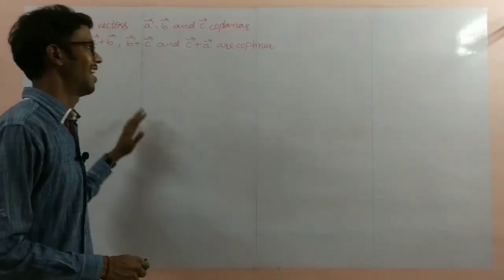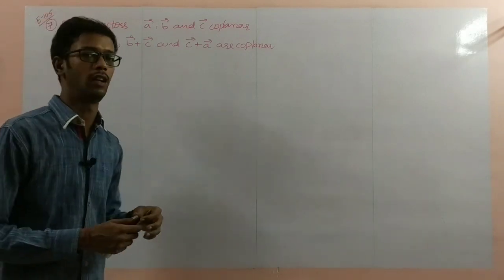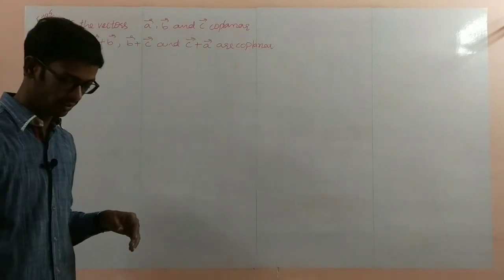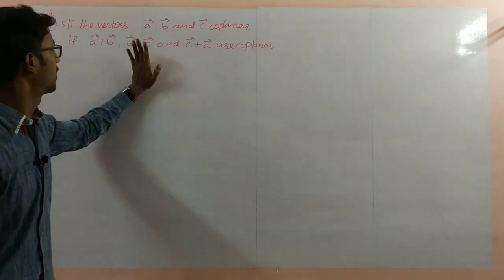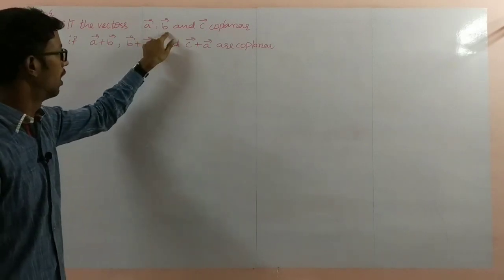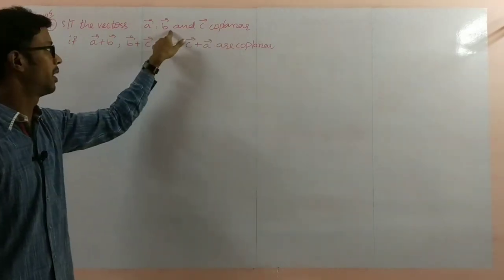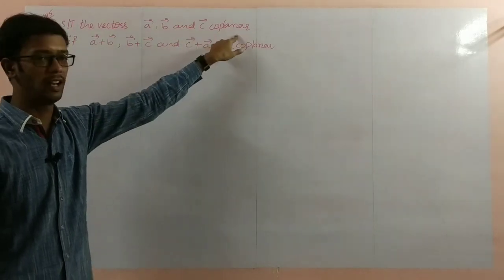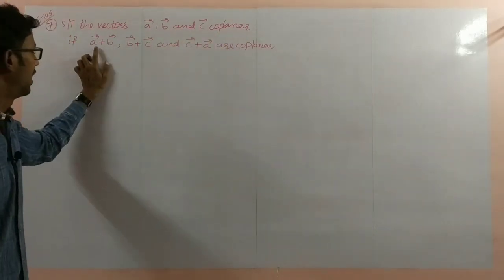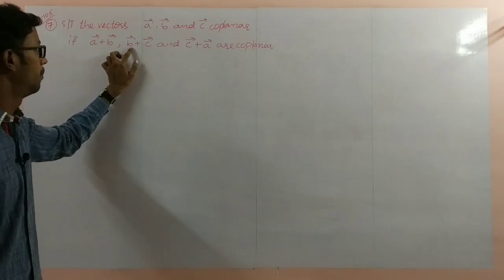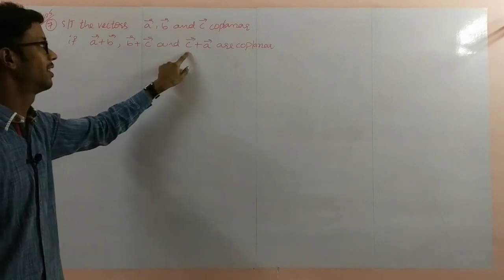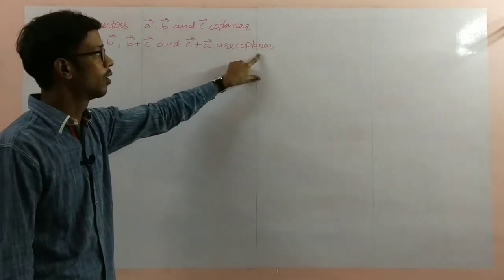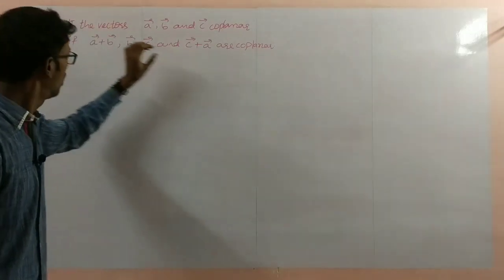Now, the last problem in the exercise and the chapter, problem number 7. Show that the vectors are coplanar. A bar, B bar and C bar are coplanar vectors. If A bar plus B bar, B bar plus C bar and C bar plus A bar are coplanar, what do we have to show?